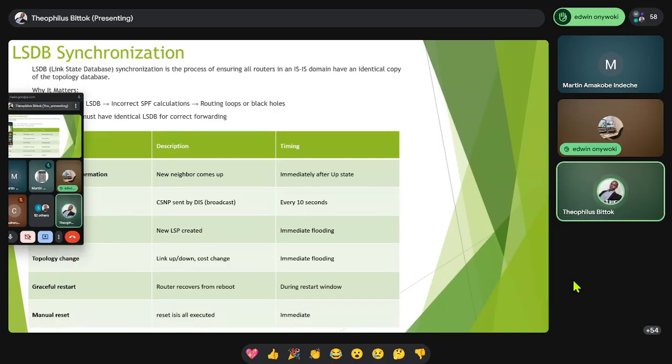And when it comes to calculation of the costs, it is solely left for the area border router to do the calculation itself.